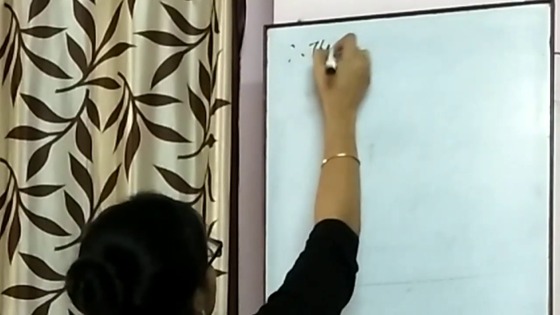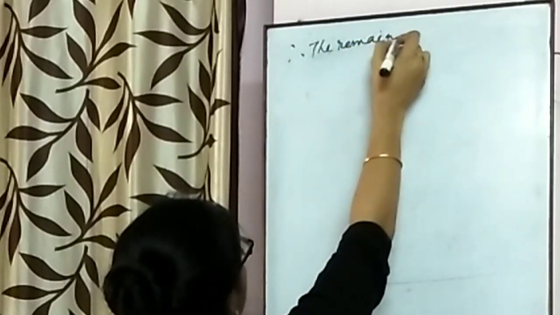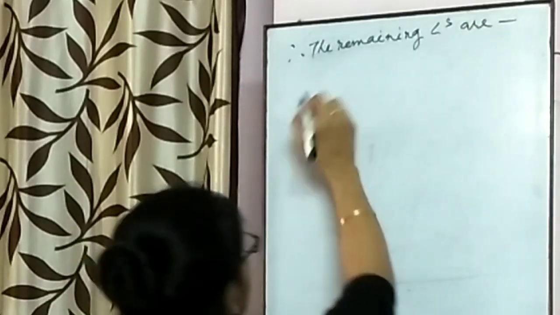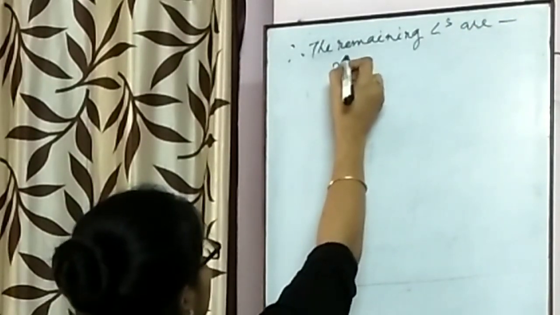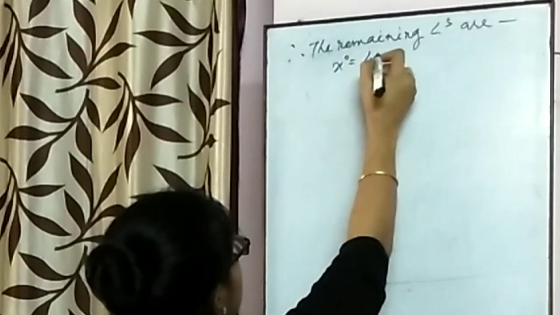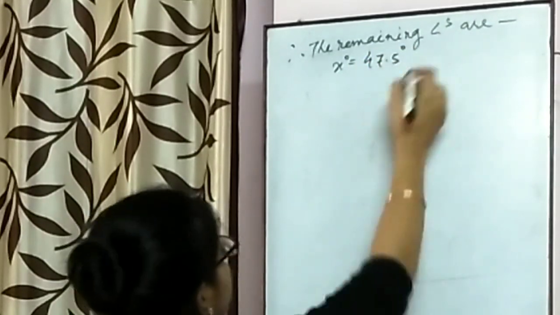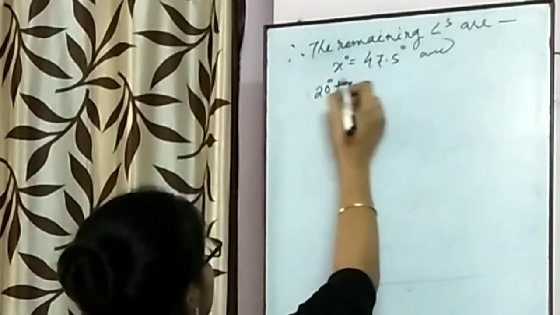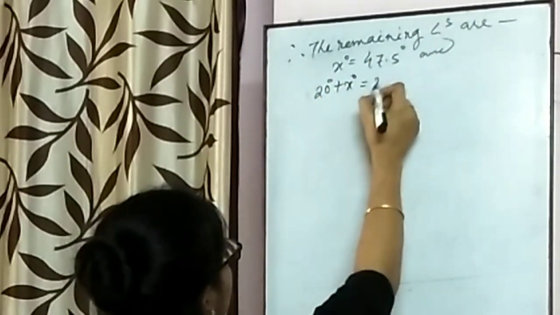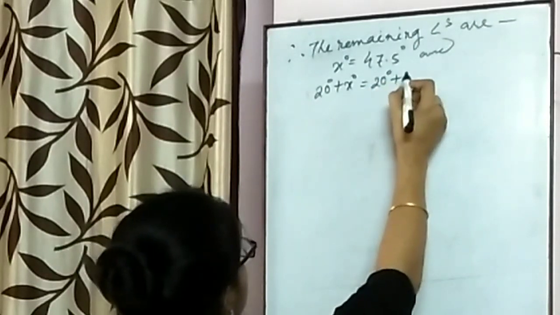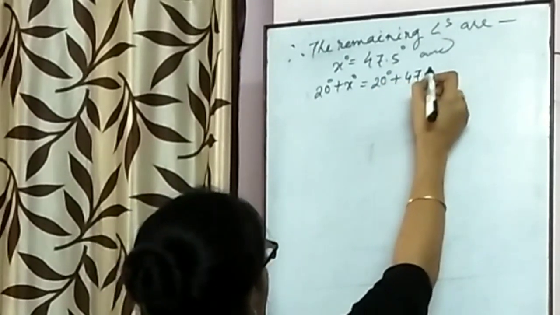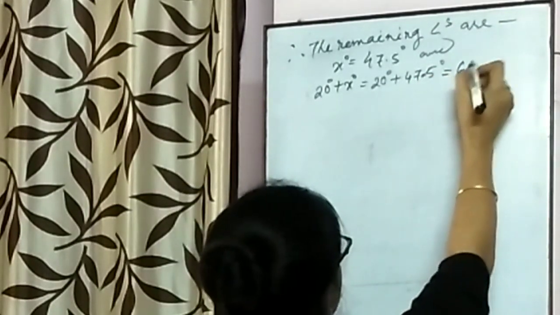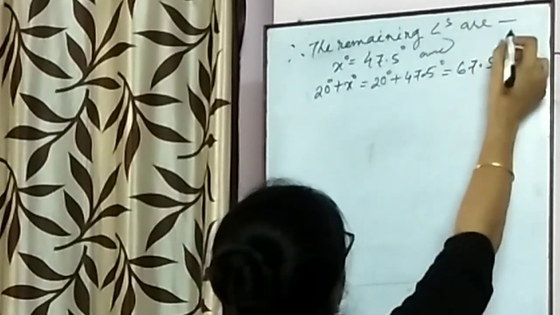Therefore, the remaining angles are, one was x, which means 47.5 degrees, and the other one was 20 plus x degrees. So 20 plus 47.5 degrees will give you 67.5 degrees.